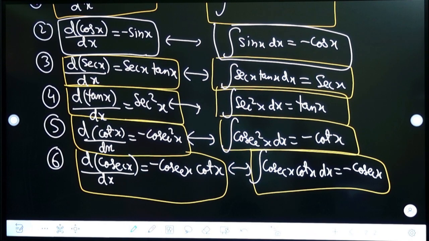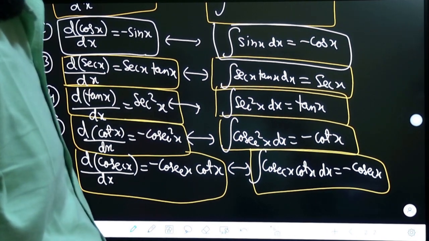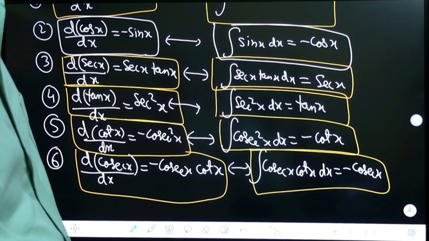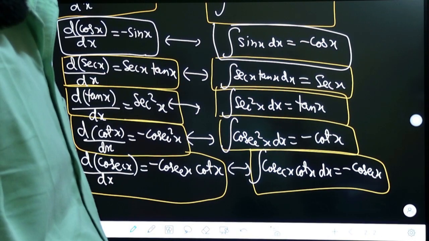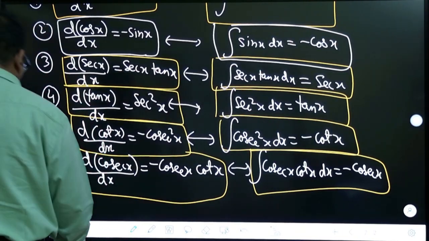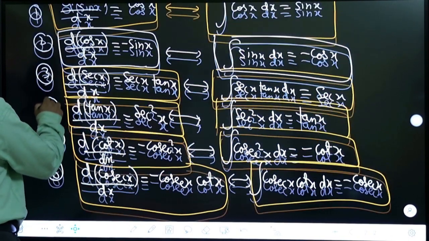So tell me, any doubt in these formulas? You write this. All of these formulas at least you should know. Did you write this?